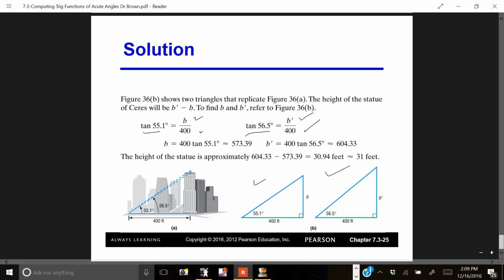So B is equal to 400 tangent of 55.1 degrees. Putting this in your calculator gives you 573.39. Calculating B prime, which is 400 tangent of 56.5 degrees, you get 604.33. Subtracting the two, you get that the statue is about 30.94 feet, or rounded off to the nearest foot, about 31 feet.